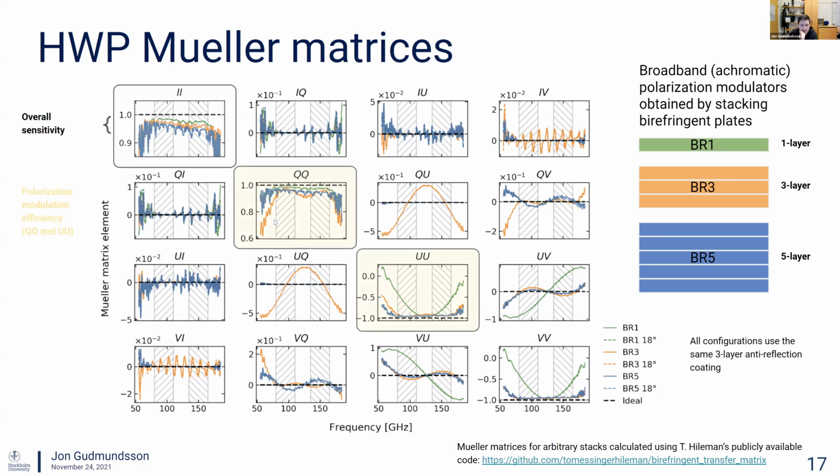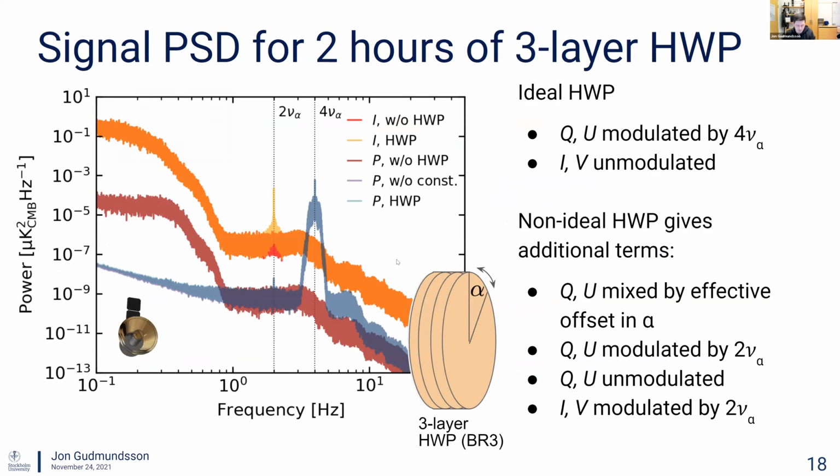I have these transmissions that I'm showing now that tell us how, as you increase the number of layers in your half-wave plate, you reduce the overall sensitivity. You get fewer photons that propagate through your system, but in return you get better polarization modulation efficiency. So the blue line here is quite flat across the entire frequency range, both in QQ and in UU.